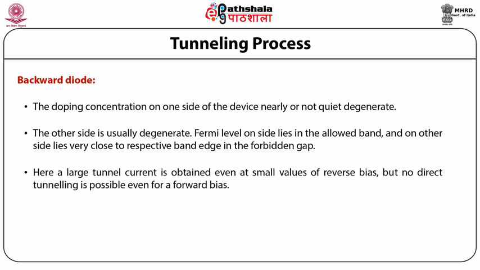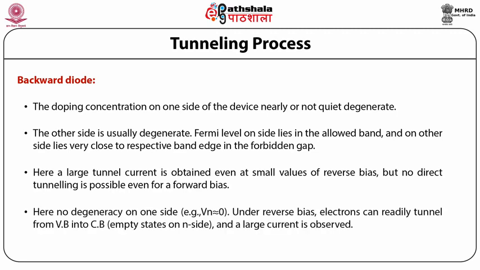Here a large tunnel current is obtained even at small values of reverse bias, but no direct tunneling is possible even for a forward bias.